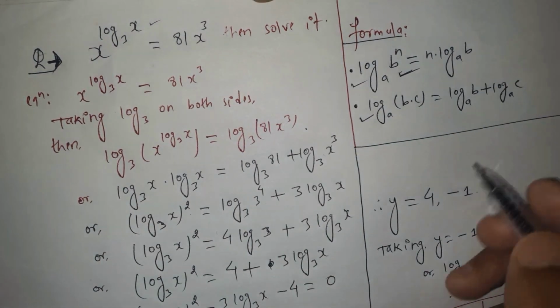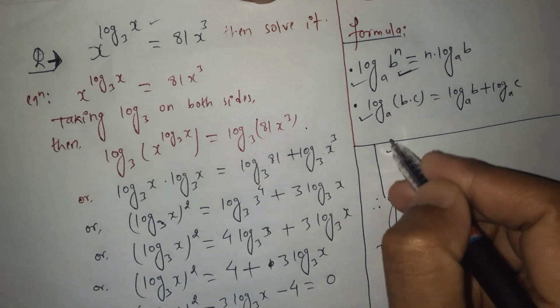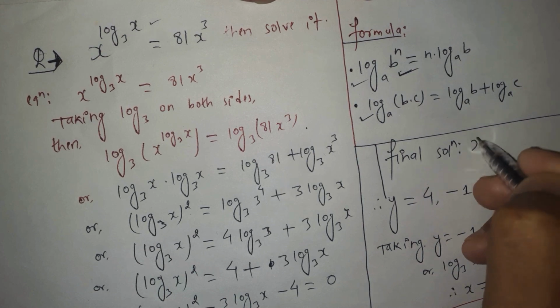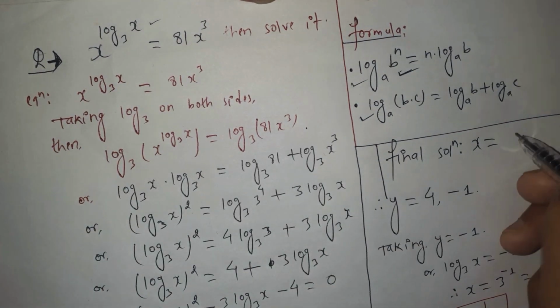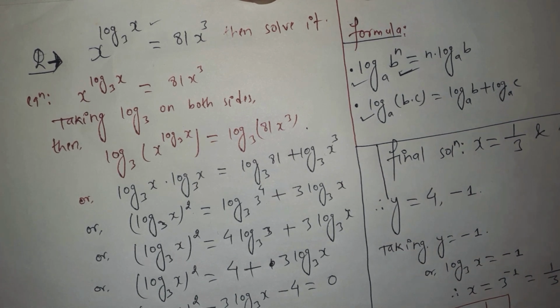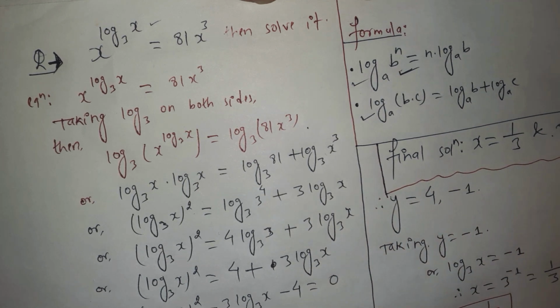So finally we can write the solution. The final solution is the values of the unknown x: 1 over 3 and 81. These two values are accepted for this given logarithmic equation.